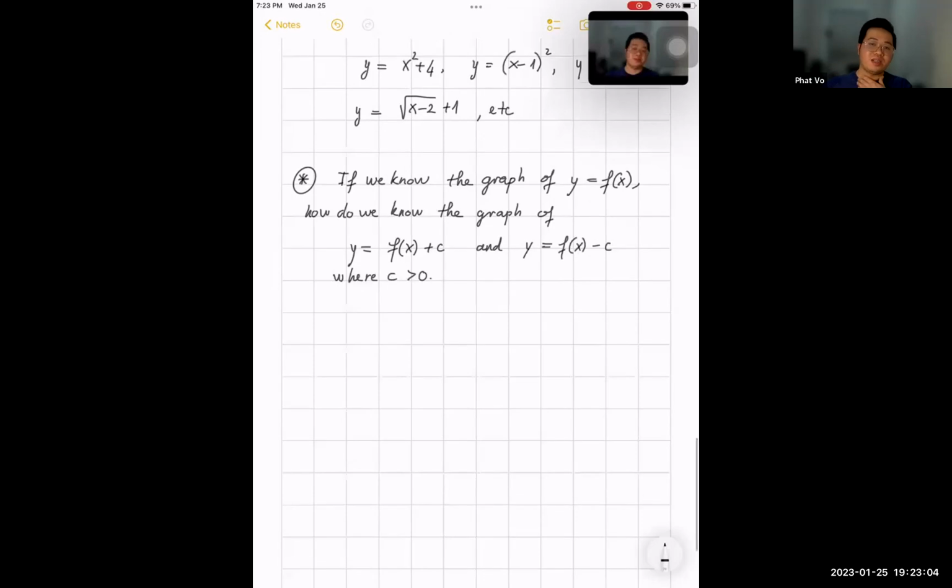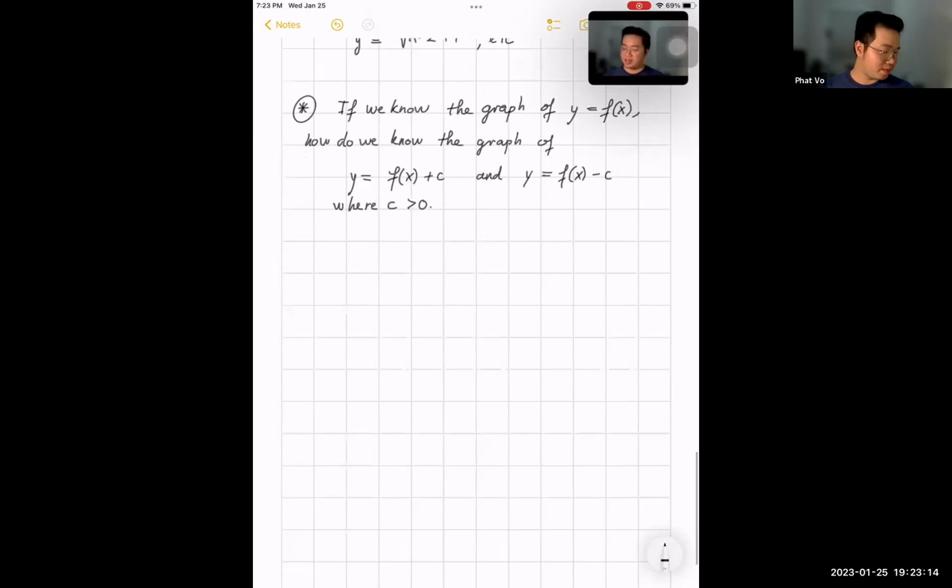If you know the graph of f(x), how do we know the graph of f(x) plus c and f(x) minus c?